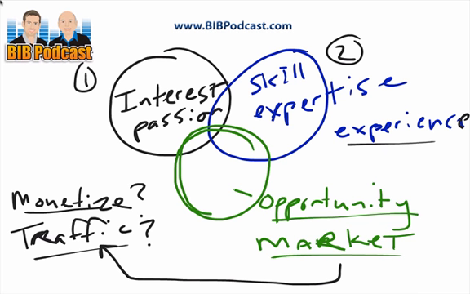So the way this works is in this Venn diagram, these all come together at a central point. And this is what I call kind of the sweet spot. And this is the determining factor.